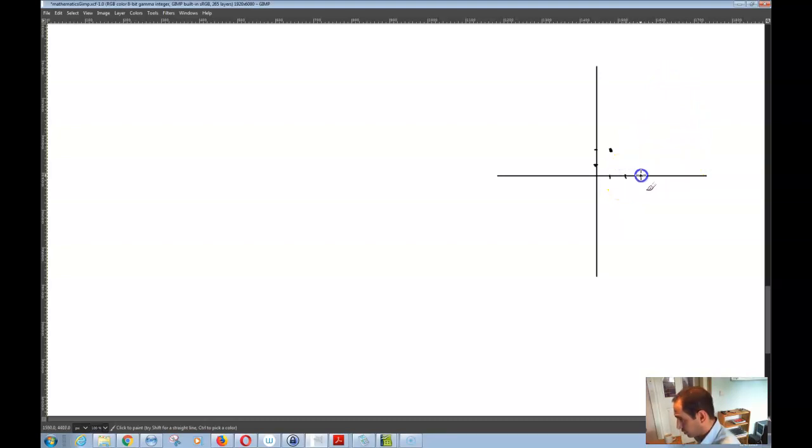So 2, 3, 4, 5, 3 is basically this point over here. So the ray comes in here and then goes out here. Somewhere over here, basically, the ray hits the x-axis and then goes out.